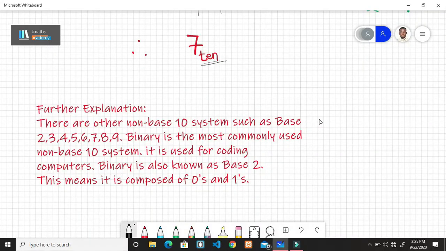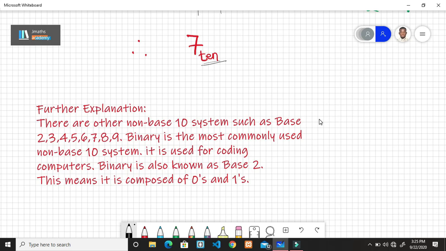For further explanation, there are other non-base 10 systems such as base 2, 3, 4, 5, 6, 7, 8, and 9. Binary is the most commonly used non-base 10 system. It is used for coding computers, and binary is also known as base 2. This means it is composed of zeros and 1.